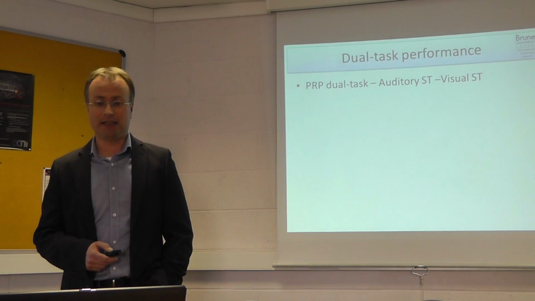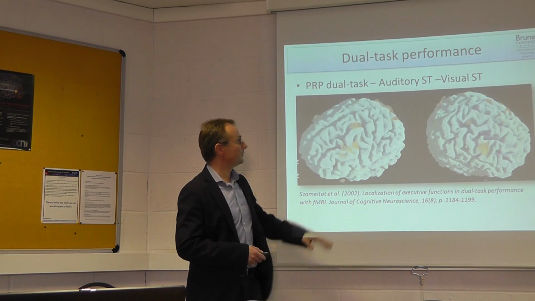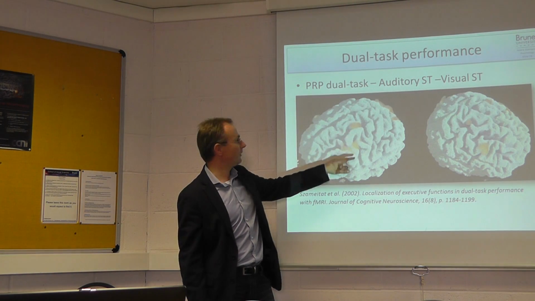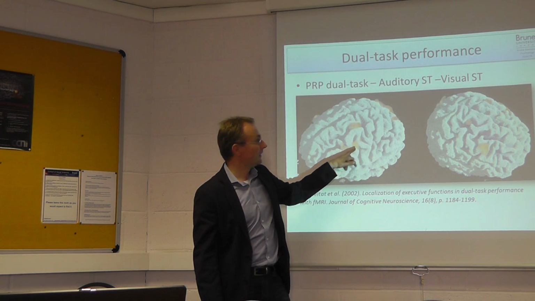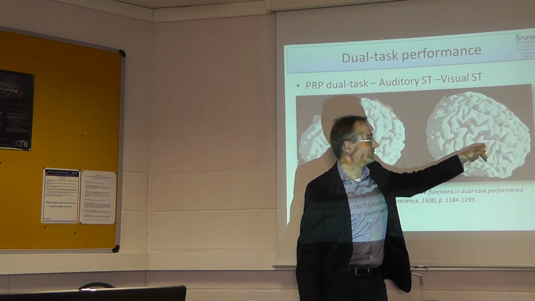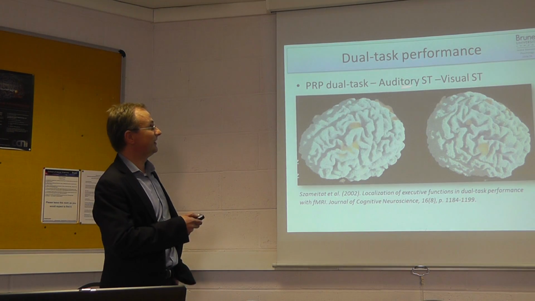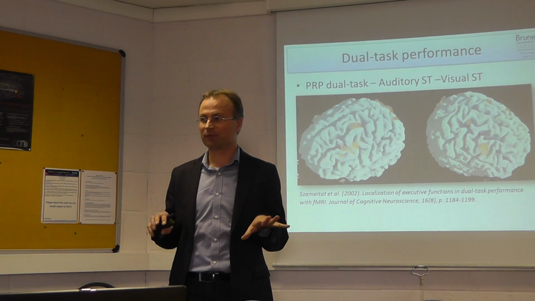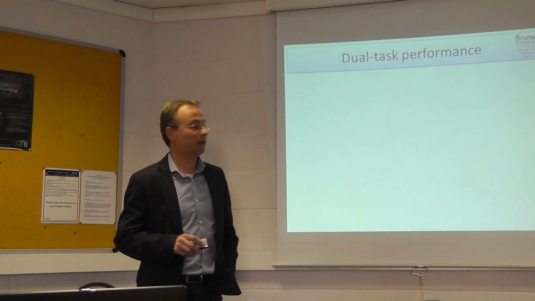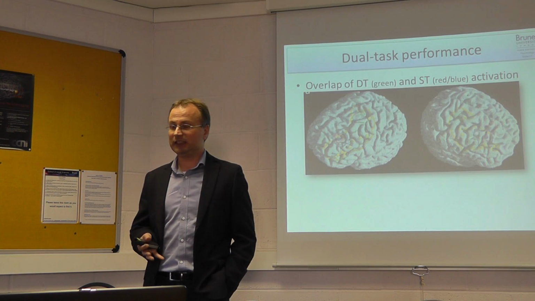And that's exactly that comparison of this PRP study. And you see, this is the top left view on the brain. There is extended lateral prefrontal cortex activation in the left and in the right hemisphere here. And this activation is additional to the one which you would have by doing the component tasks. In this study, we were also able to show that it's spatially distinct.